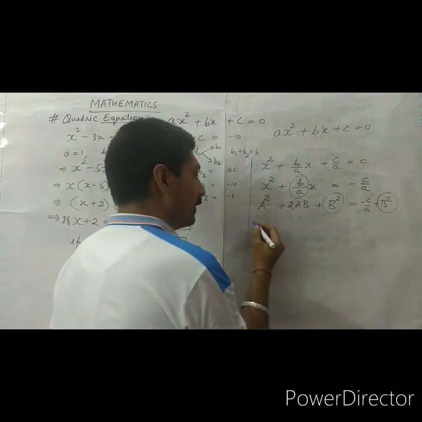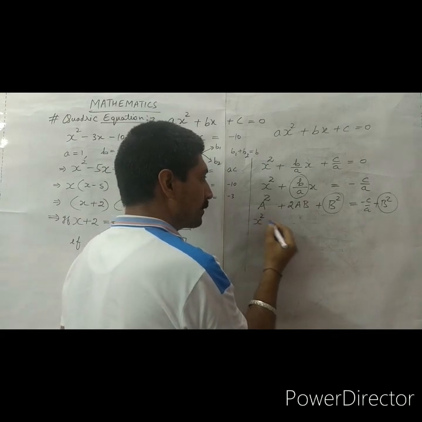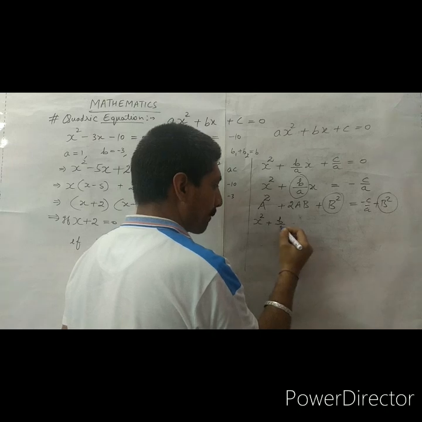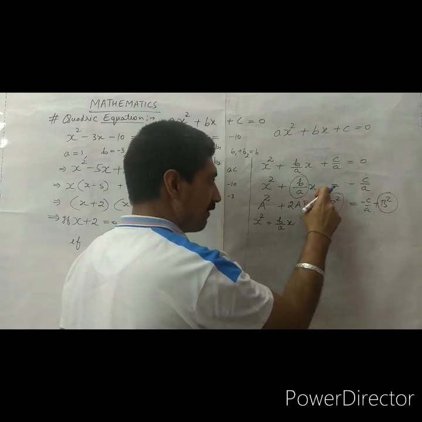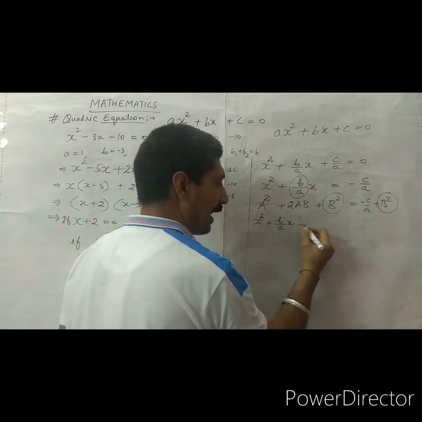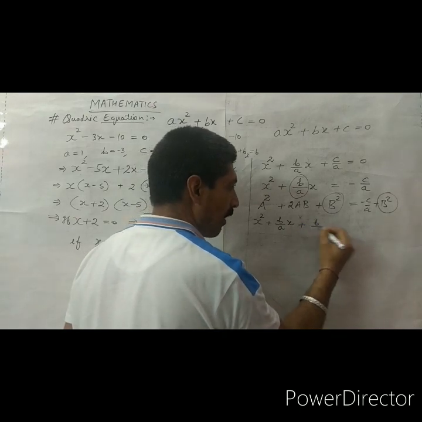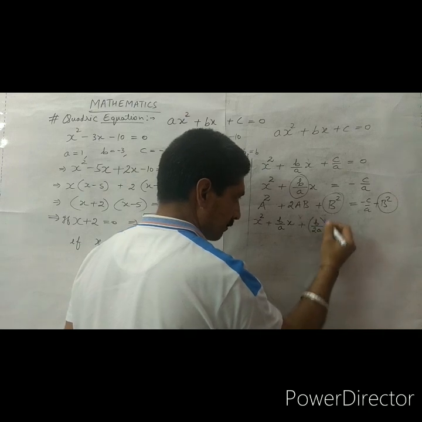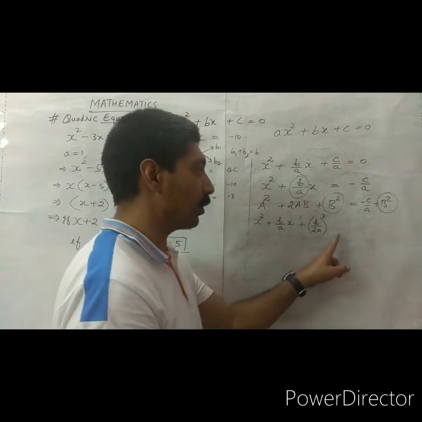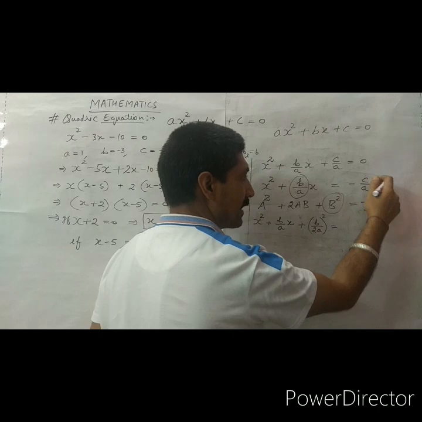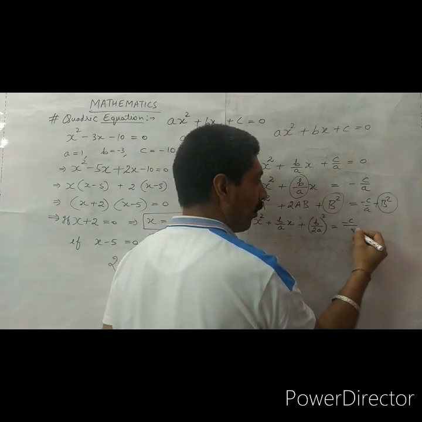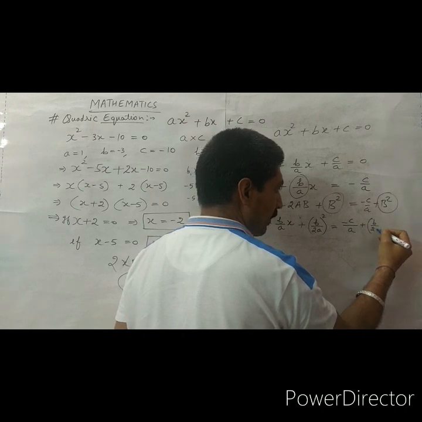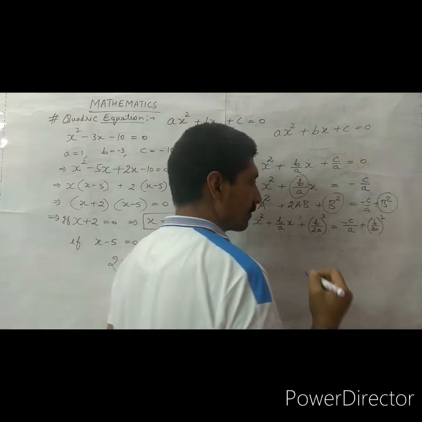So we will get x square plus b upon a x, and the same way, now this B that I am adding, b upon twice a, we are going for the whole square, and on this side the same: minus c upon a plus b upon 2a whole square.